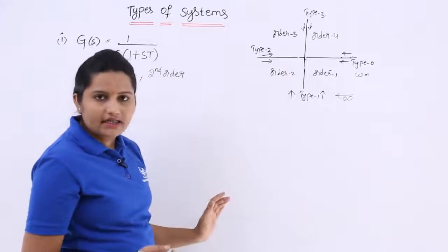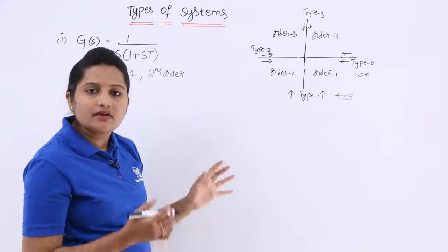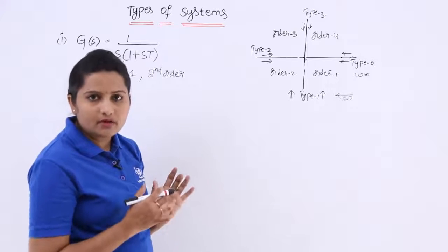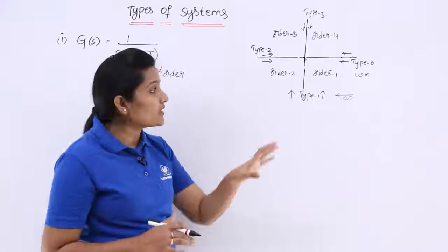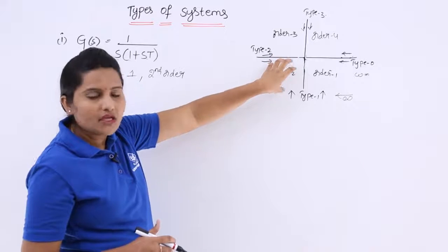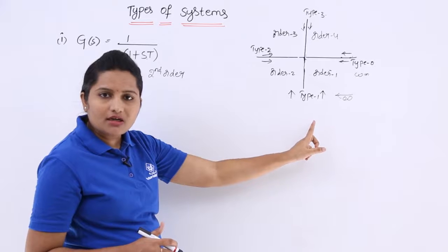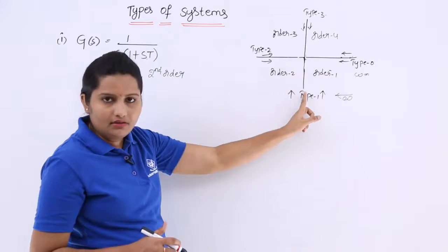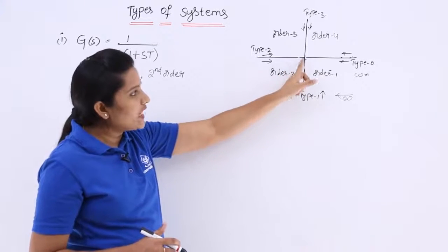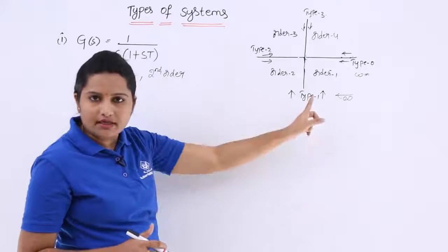Type 1 order 2 means your plot is starting on this line and you are going to end in this coordinate.